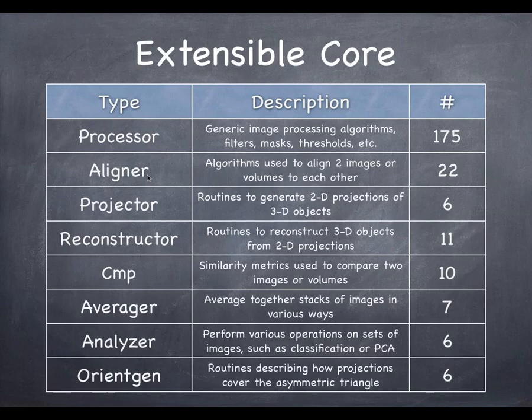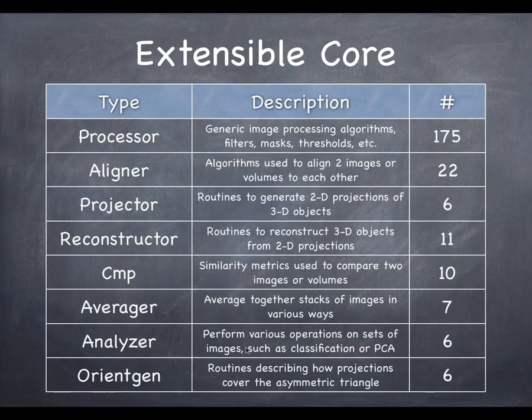Or in cryo-EM, we take images of individual molecules floating around in random orientations. And we take those images, we determine the orientations, and then we use a reconstructor to put them together into 3D. Comparators allow you to measure the similarity of one image to another image in a particular location. Averagers do what it sounds like. They average a stack of images together.